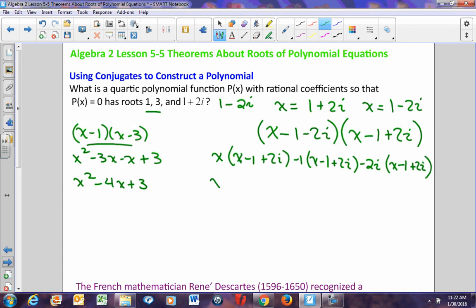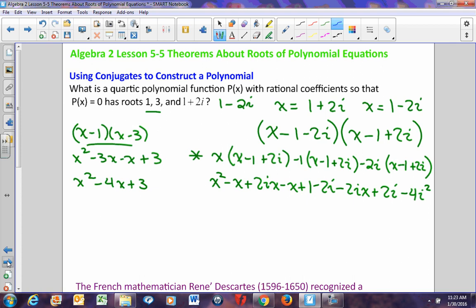So this becomes x squared minus x plus 2ix minus x plus 1 minus 2i minus 2ix plus 2i minus 4i squared. And be very careful. If you skip this step here, you will most likely mess up the step right after it.